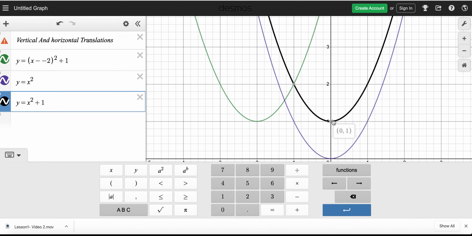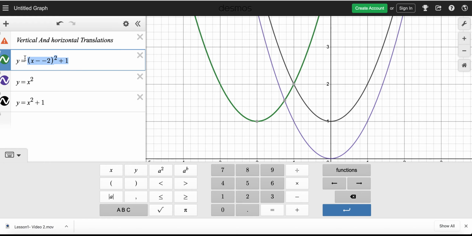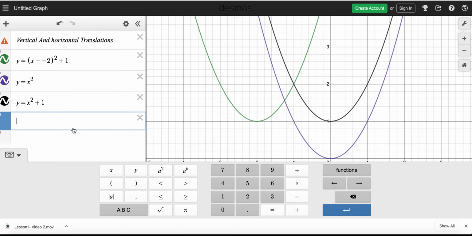It just moved 1 up, and finally we moved this black curve to the left by 2 units, and that is the final transformed form. Now, order here does not matter, so we can move up then left, or we can start by moving it to the left and then taking it up. Order here does not matter, and that is applying vertical and horizontal translations.